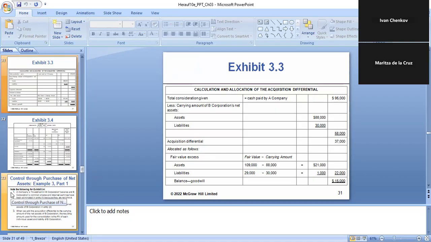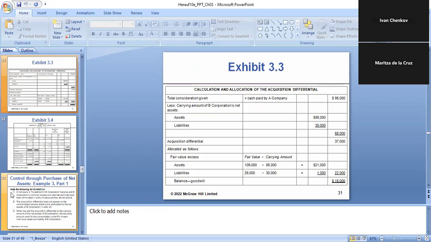First, we're going to use the fair value, a simple calculation, the fair value of the assets of the company that we just acquired. And then we're going to see versus the book value, and then we're going to check the fair value versus the book value for all the liabilities of the other company. And if there's a difference, that's where the first allocation is going to go, and the rest of the allocation is going to go to the goodwill.